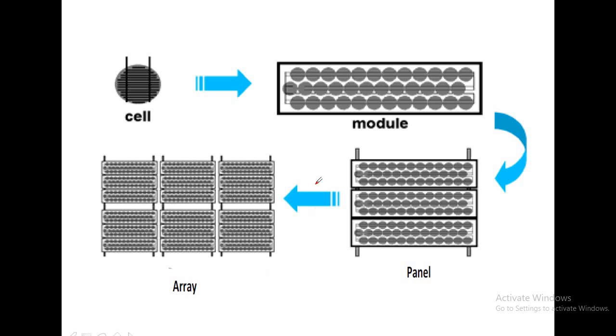So an array is a combination of panels as well as modules. So this is all about a solar cell, that is a photovoltaic cell, then a module which is the combination of cells, and a panel which is the combination of one or more modules, and an array which is a complete power generating unit consisting of both modules and panels.